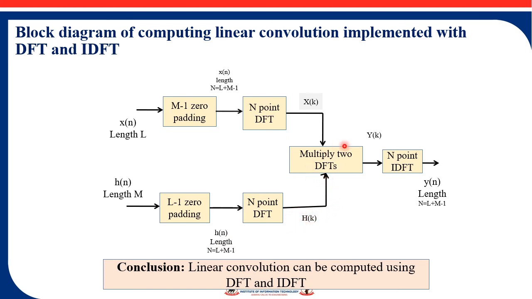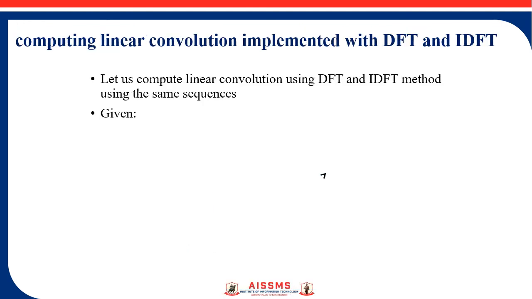Then I have multiplied these two DFTs, and the product will be Y(k), and then again take the N-point inverse DFT of Y(k) to get y(n). So y(n) will have the length L plus M minus 1. Conclusion is linear convolution can be computed using DFT and IDFT.